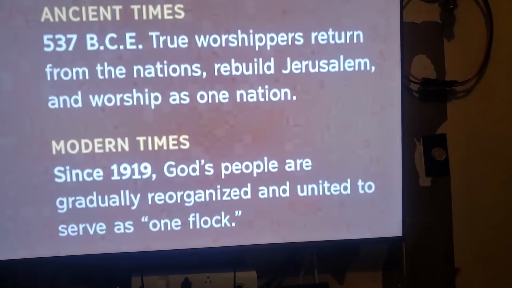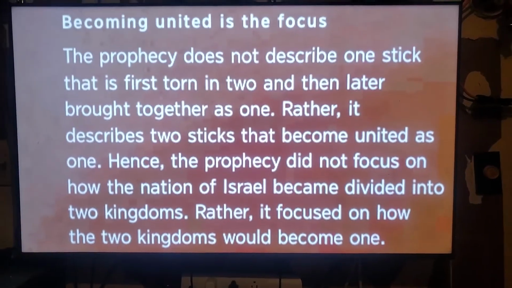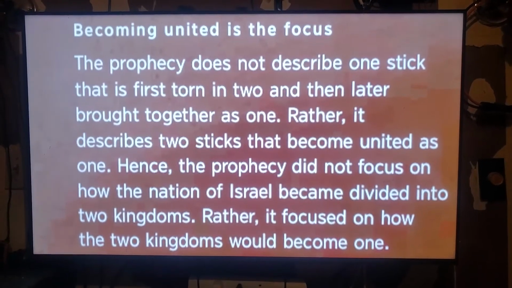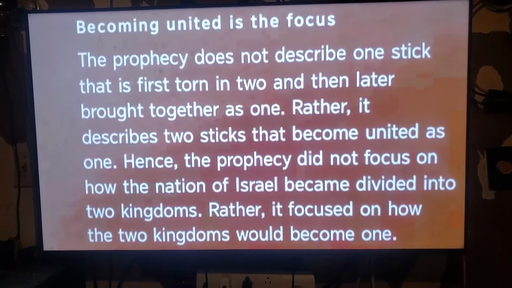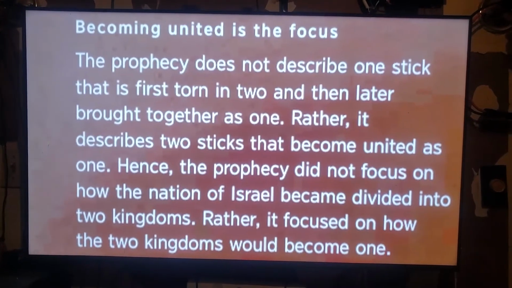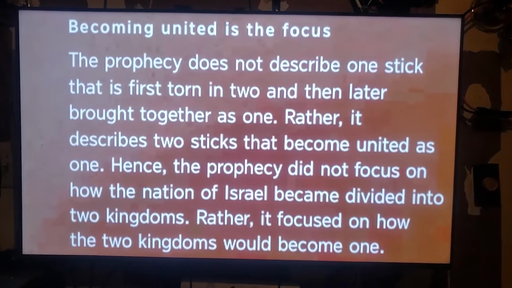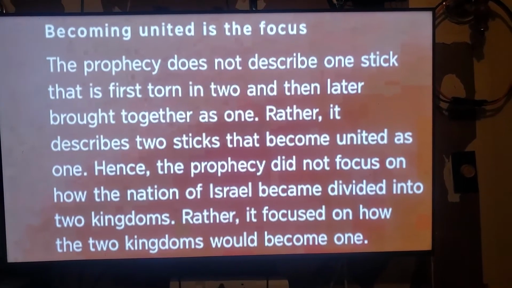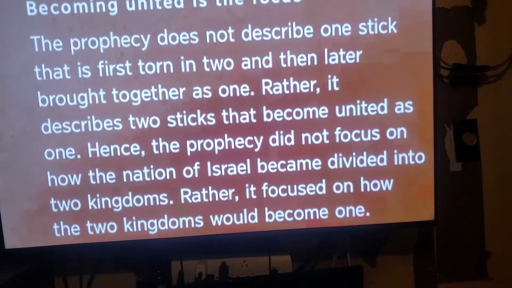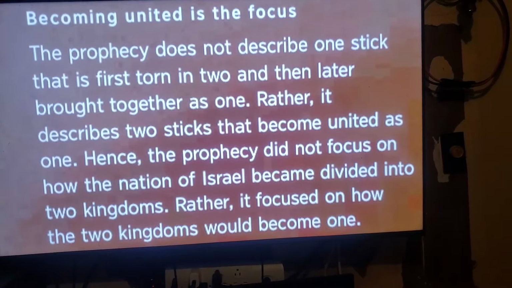Okay, now here comes the main one. Remember the chart that I showed you, when the one stick was broken in half? Okay, let's read it, people. Becoming united is the focus. The prophecy does not describe one stick that is first torn in two.